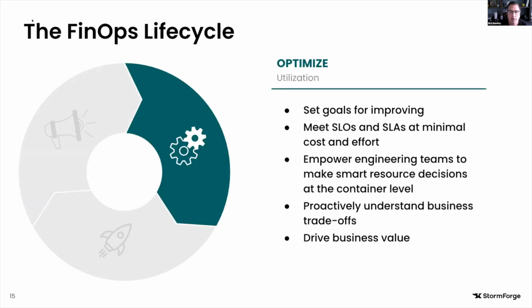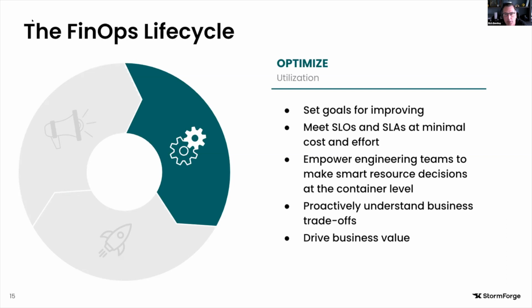And then when we think about optimizing, part of this is setting goals for, okay, here's where we are today. Now, where do we want to be, right? In terms of the efficiency, the utilization of resources. And really the goal is that we want to meet our service level objectives at minimal cost and effort, right? So we want to make sure the application is performing to expectations, but we don't want to spend any more time or any more money than we need to make that happen.